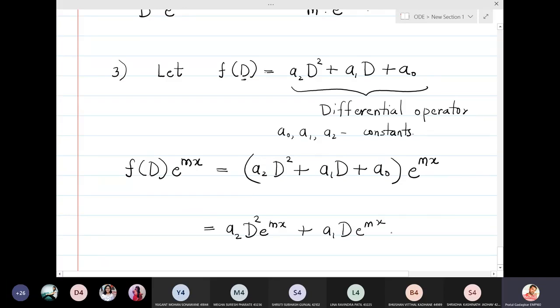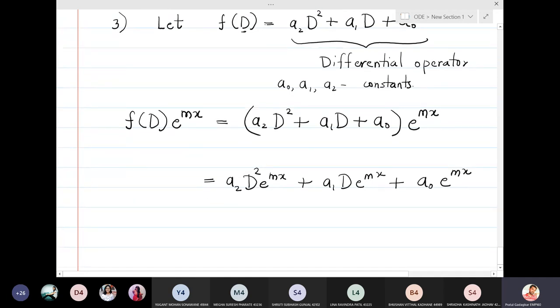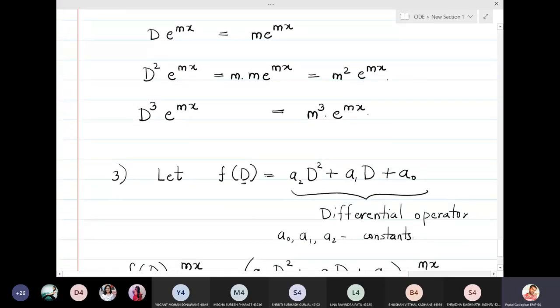D means derivative, so don't be afraid of D. The double derivative of e raised to mx we have already calculated, it is m square e raised to mx.